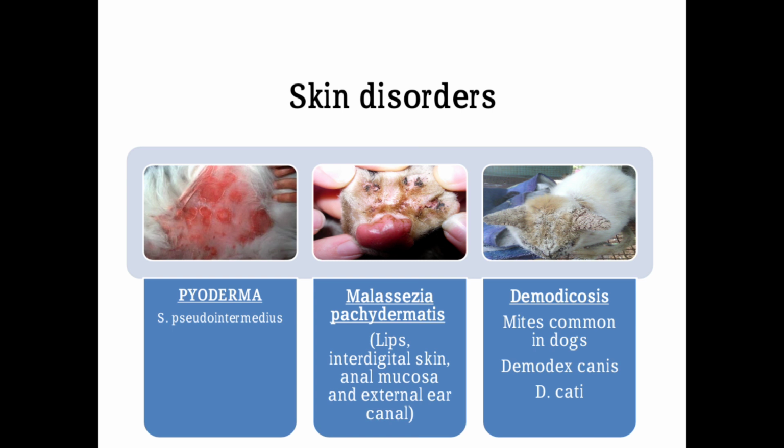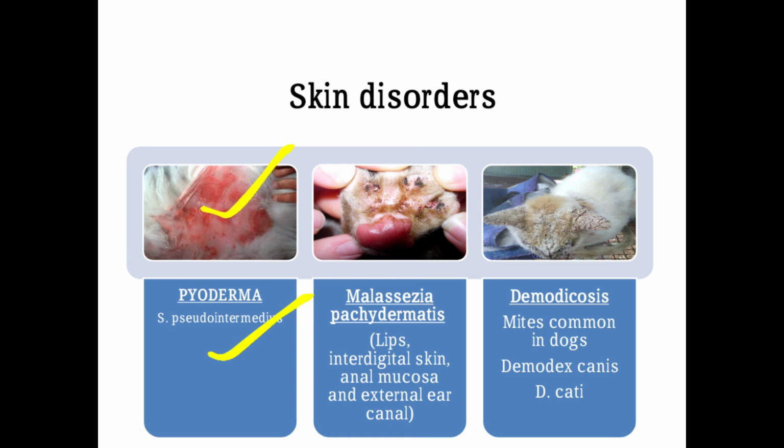First, pyoderma. In the clinical case reported here, our cat is suffering from pyoderma. Pyoderma refers to pus accumulation or pus peeping from the skin. It may be caused by infection with Staphylococcus pseudointermedius.